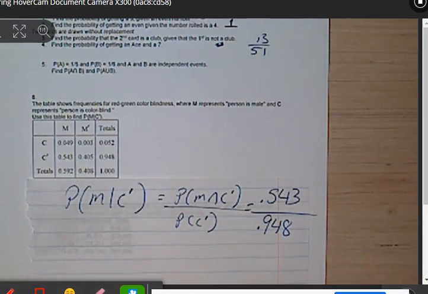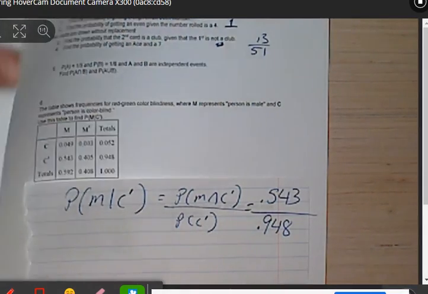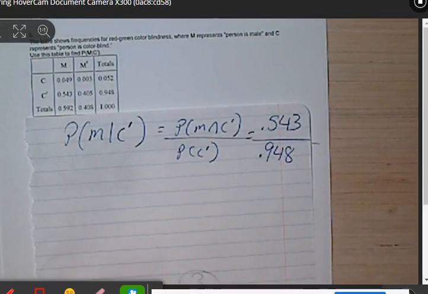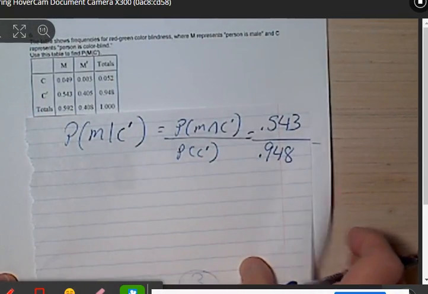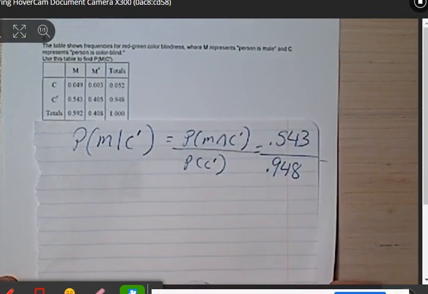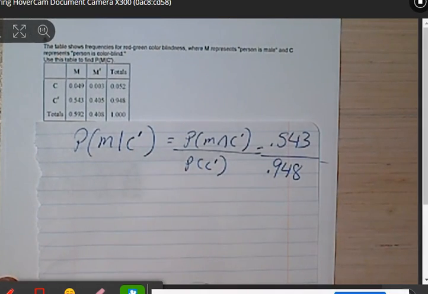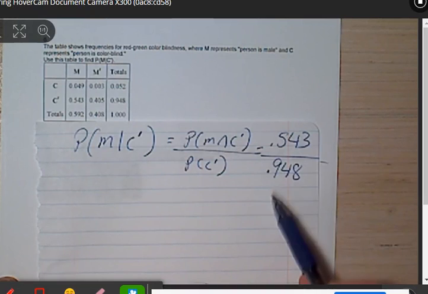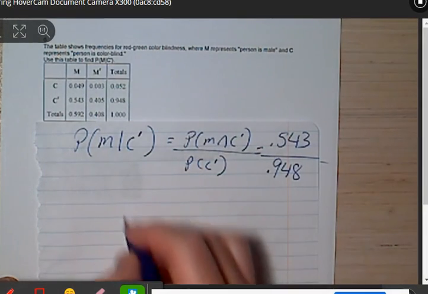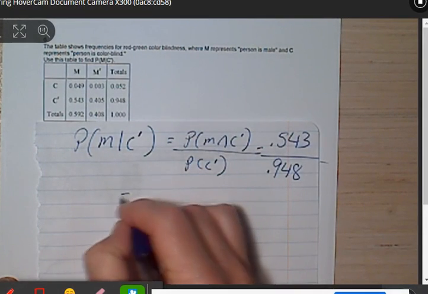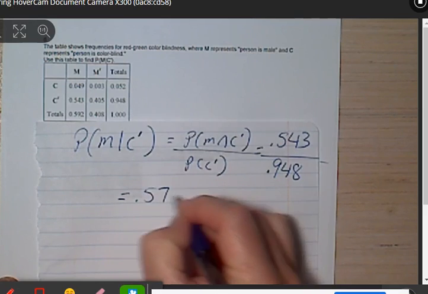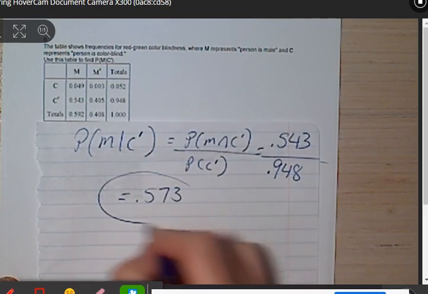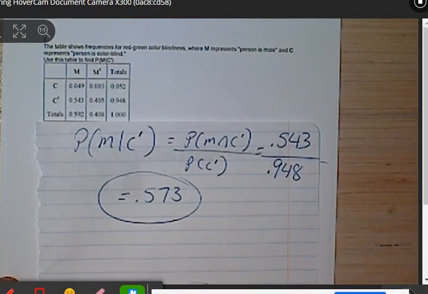Depending on the problem, it's going to ask you to round it to 3 decimal places or 4 decimal places. You've got to read through those because sometimes one problem bounces back and forth. Sometimes it's 3, sometimes it's 4. So for this one, we'll go to 3 decimal places. If you do 0.543 divided by 0.948, that should come out to be, rounded to 3 decimal places, 0.573.